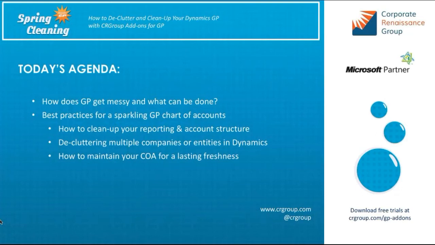It's one of the focus areas that I see continually when we talk about cleanup. We talk about COA restructuring. So we'll talk about how to clean up your reporting and account structuring. We'll talk about decluttering multiple companies or entities and how to maintain your COA for lasting freshness. So in the spirit of spring cleaning, sparkling cleanup, decluttering, and lasting freshness will be takeaways from today.